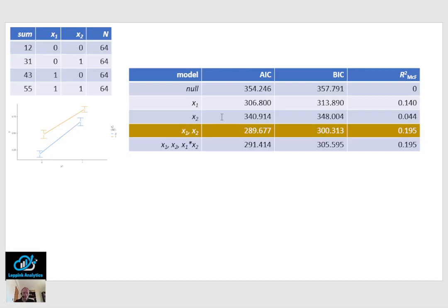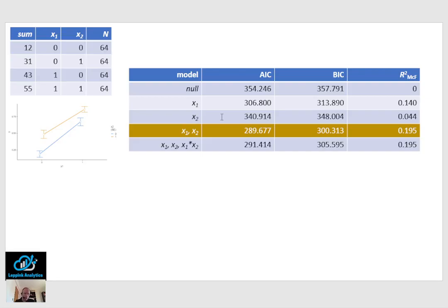Because for the interaction model, we add one term, which is the product term, which means that on the log odds scale, the lines don't go parallel. You see that the R-square statistic on 3 decimals still remains 0.195.